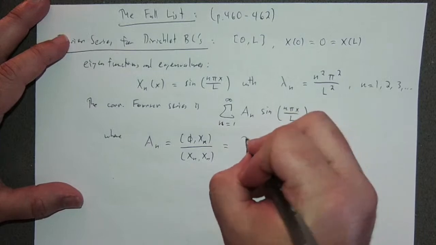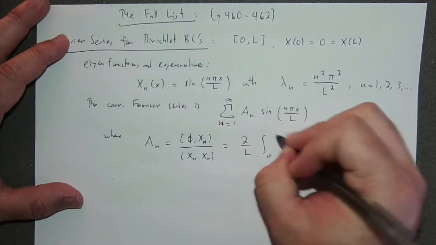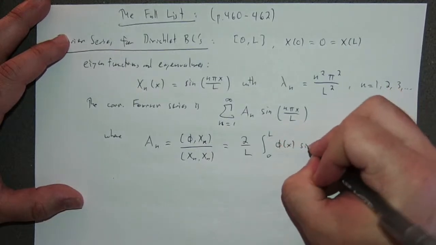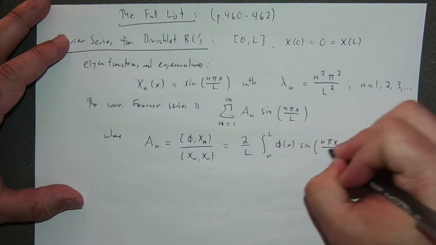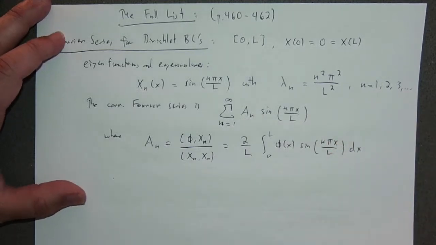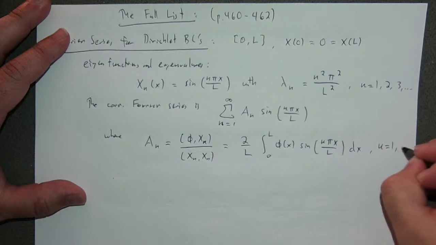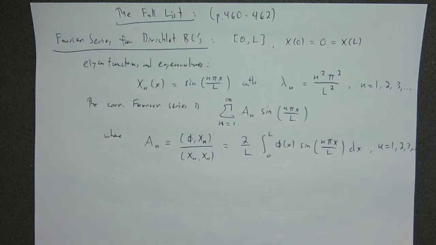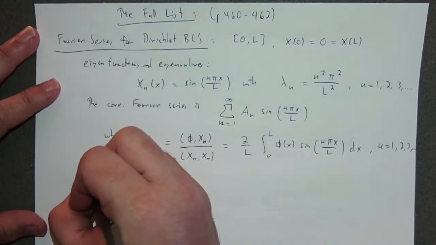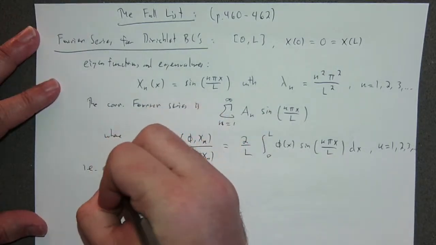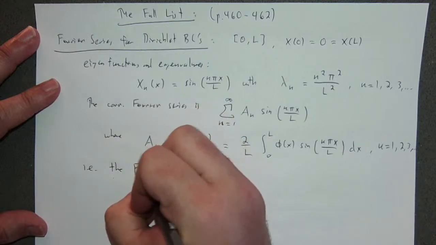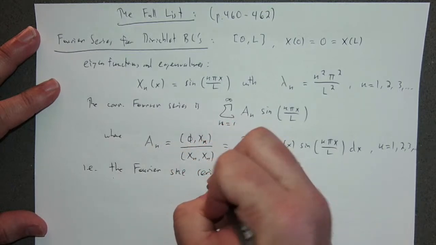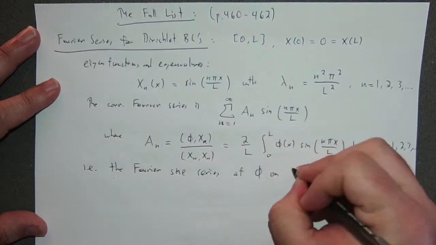This is 2 over L times the integral from 0 to L of phi of x times sine of n pi x over L dx. And again, n is 1, 2, 3, and so on, the positive integers. This is the Fourier sine series of phi on 0 to L.